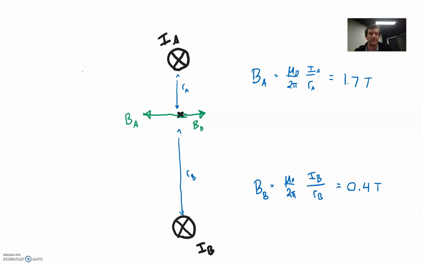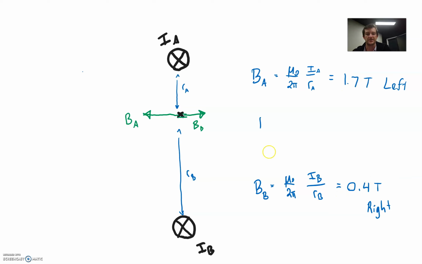Now for our direction, remember that is going to the left, this is going to the right. If we look at our vectors in our diagram there, that means that overall the magnetic field strength at that point should be going to the left, but not this much, it's going to be less than that.